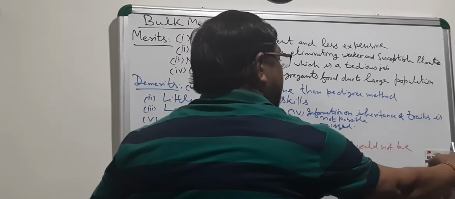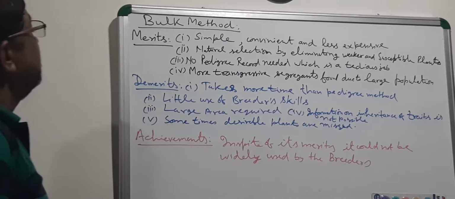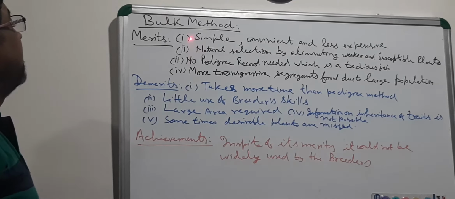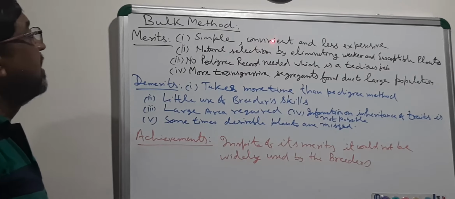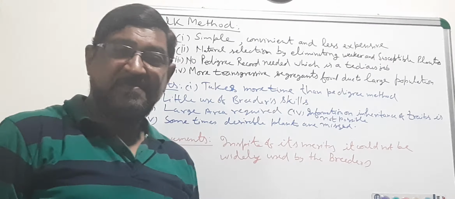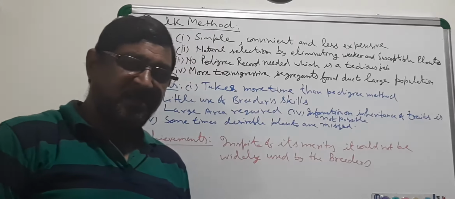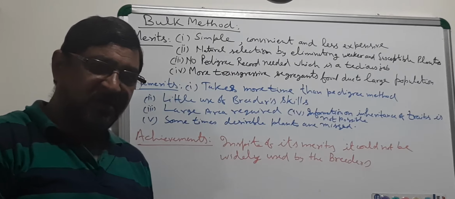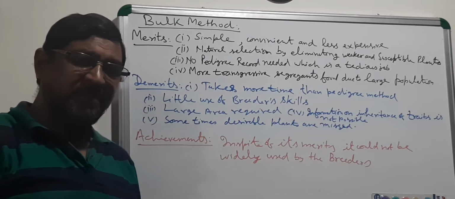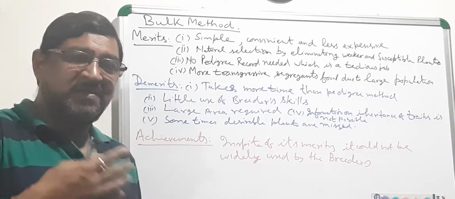Then if you see the merits of this method: simple, convenient, less expensive. You might have experienced that you just convey to your technician to go for crossing and go for advancing the generation till F6.